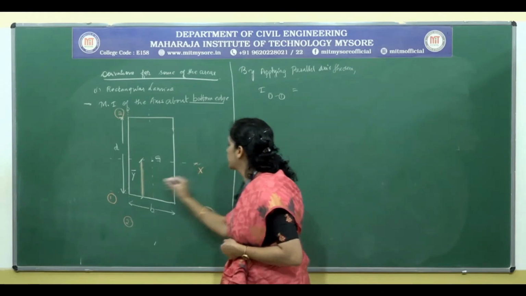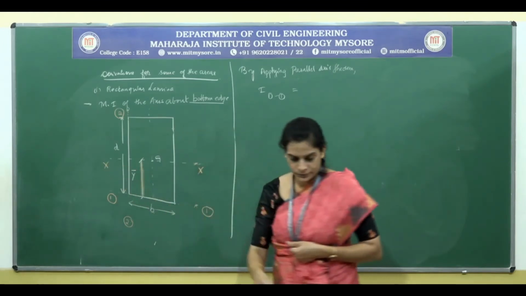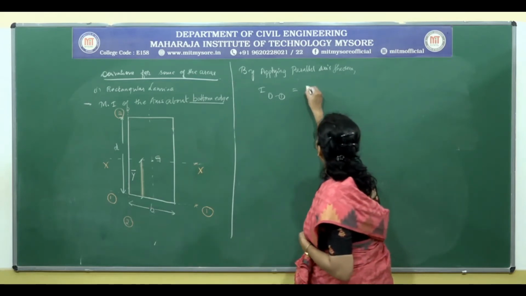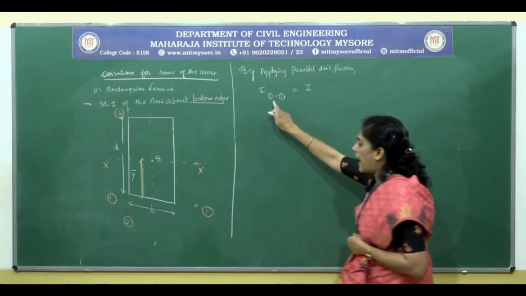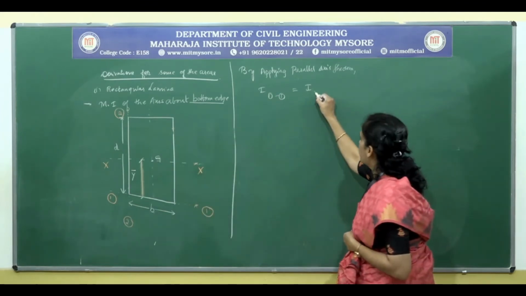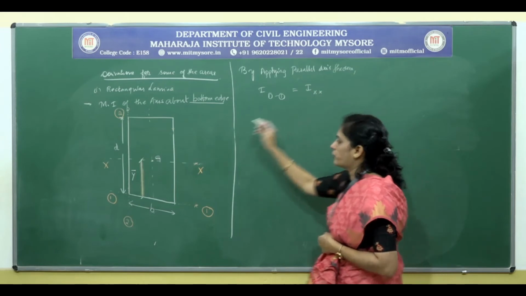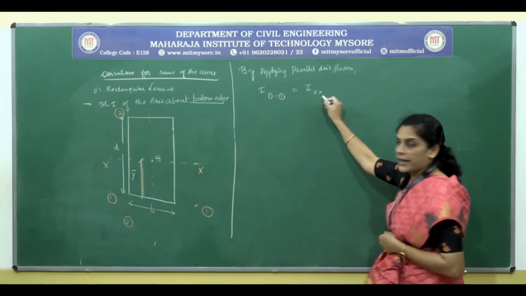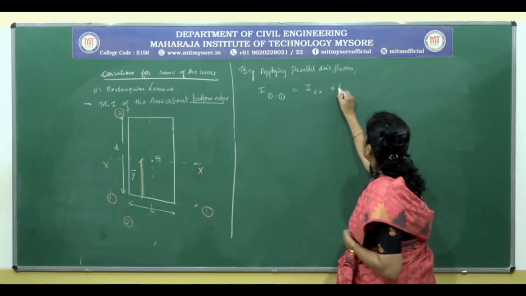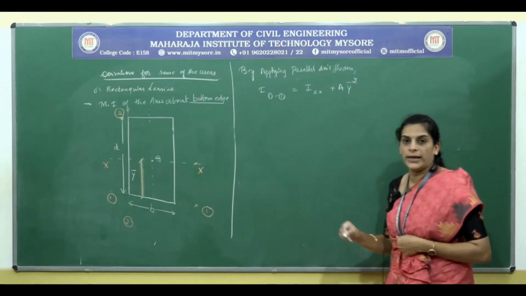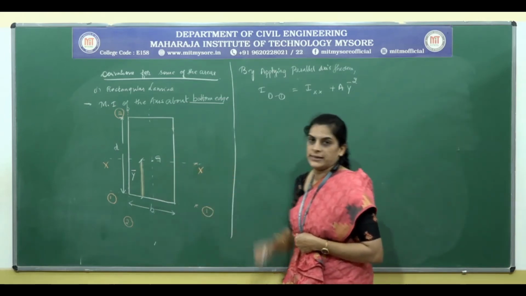The moment of inertia about an axis parallel to the centroidal axis is equal to the sum of the moment of inertia about the centroidal axis, that is Ixx, plus area into square of the distance between the two axes.